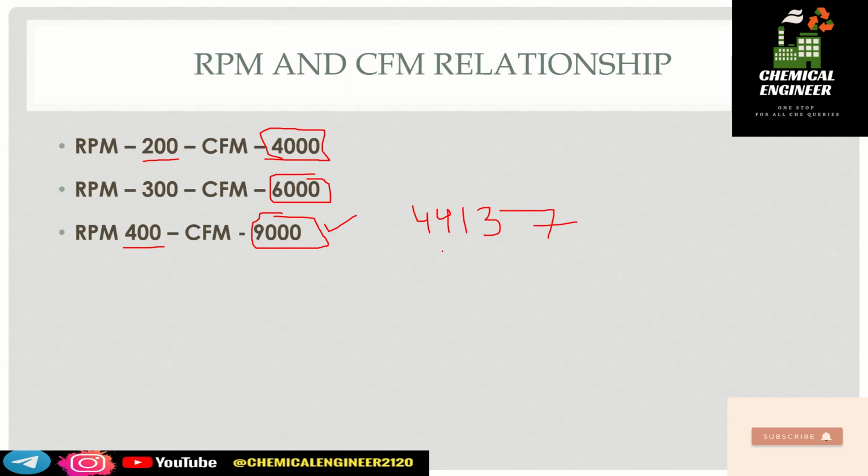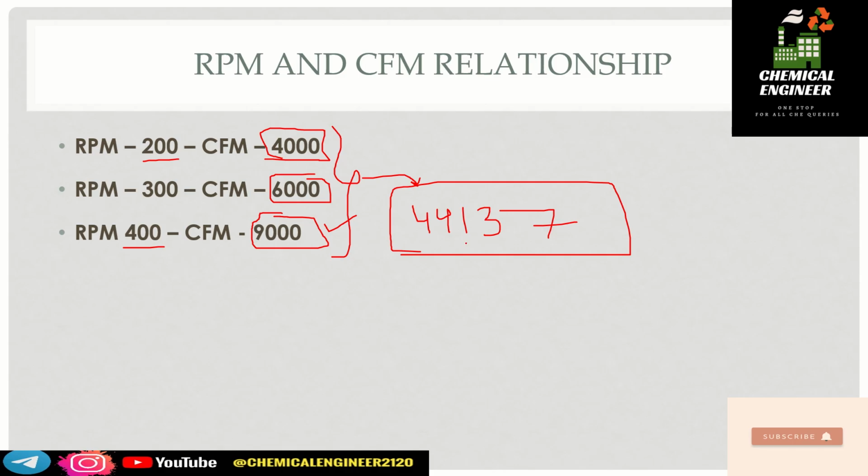In order to achieve this CFM, what can we do best? You have these three main options. You have to select how to design a fan, selecting any of the combinations.